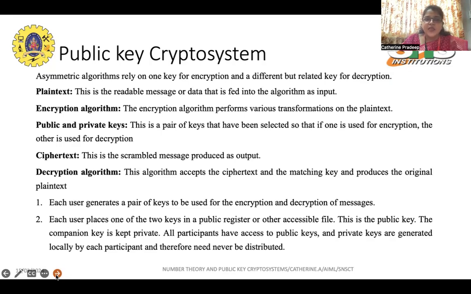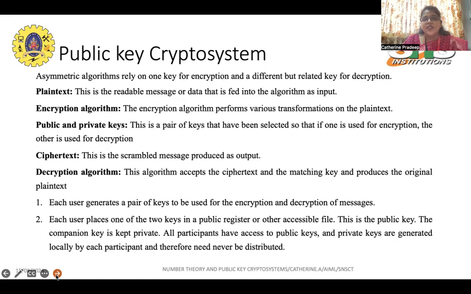So here we have certain terms, such as whatever we had in the symmetric encryption systems. Plain text is the readable message or data that is fed into the algorithm as input. The encryption algorithm performs various transformations on the plain text. Public and private keys are a pair of keys that have been selected so that if one is used for encryption, the other is used for decryption.